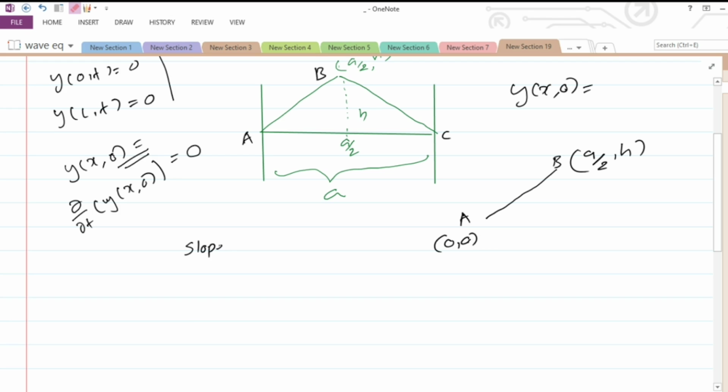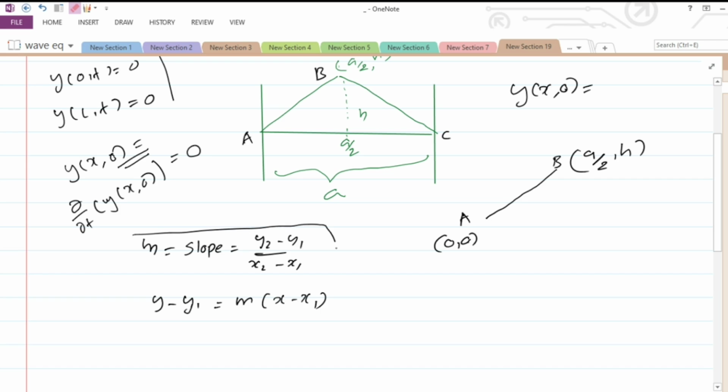Slope is equal to y2 minus y1 divided by x2 minus x1, and the equation of the line is y minus y1 equals slope m into x minus x1. You can use this formula to find the function of AB and BC.